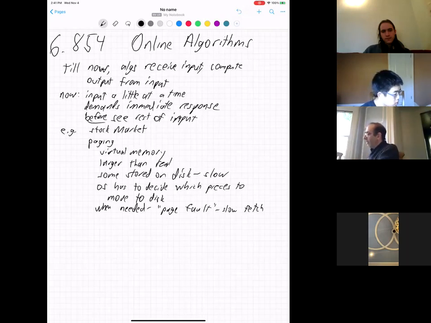So of course, if you knew in advance which memory was needed, then you would send to disk the memory that you didn't need, right? But you don't know that, right? The program is running and you don't know what it's going to do next. So you don't know which memory it's going to need. And so you have to make this decision in the moment when you need to make room for something. What are you going to send from memory to disk? What are you going to evict?